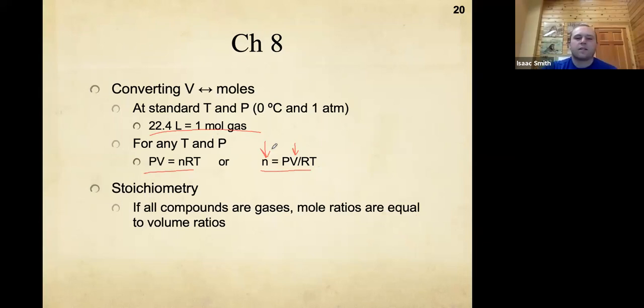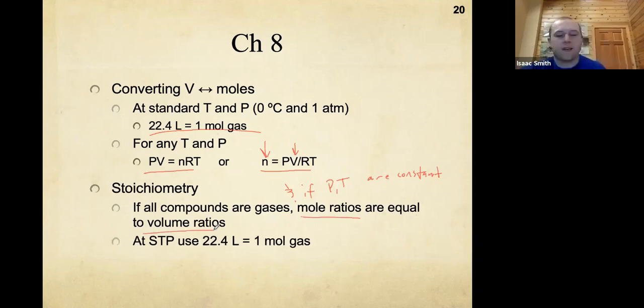All that we talked about, and if the pressure and the temperature are held constant, this is when we can use Avogadro's law. The mole to mole ratio is equal to volume ratios, okay?